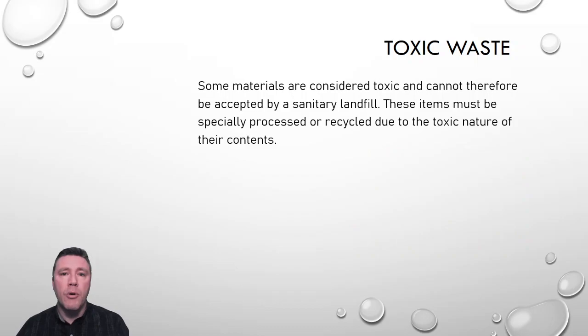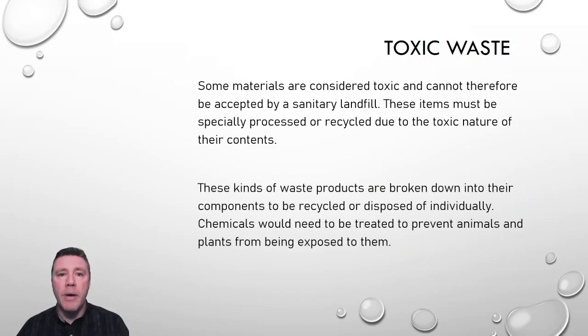For example, products containing copper or other metals could be removed from them and then recycled. The plastic and glass could be removed, crushed, and processed and either recycled or disposed of in a landfill. Products that contain chemicals in them would need to be treated to prevent animals and plants from being exposed to them.